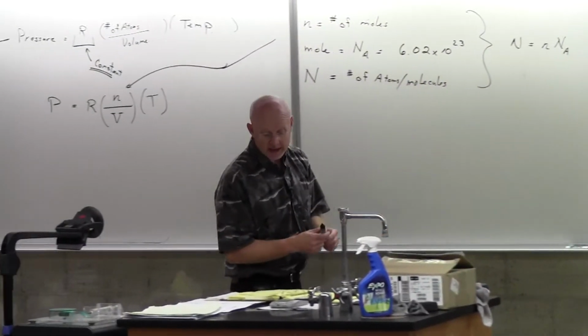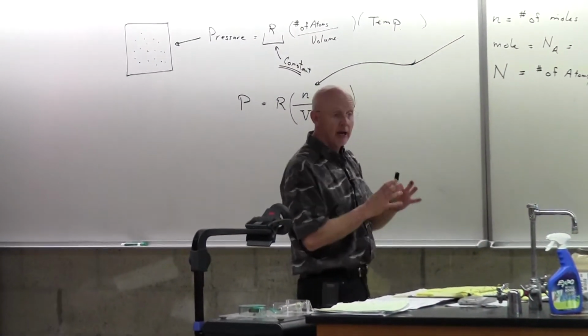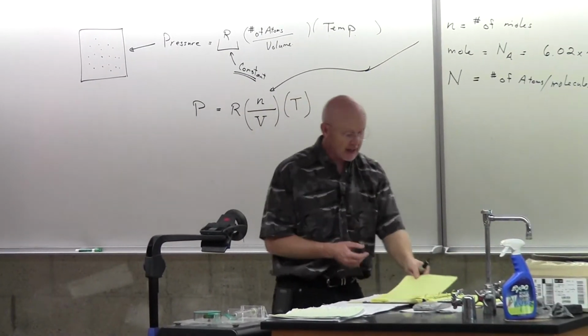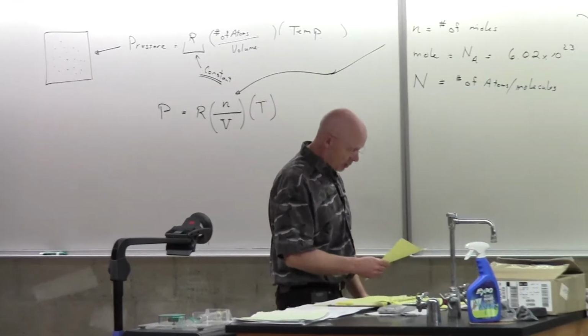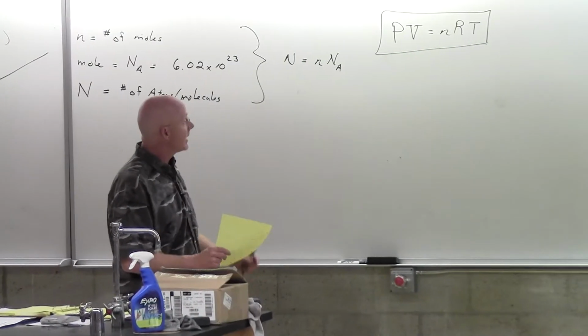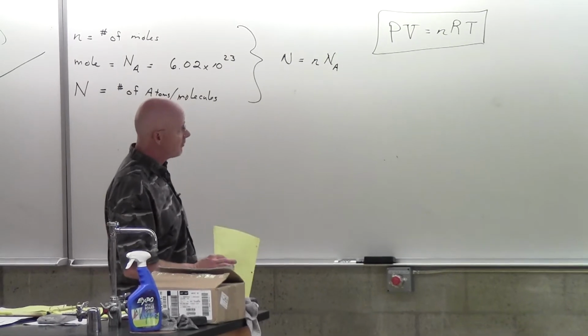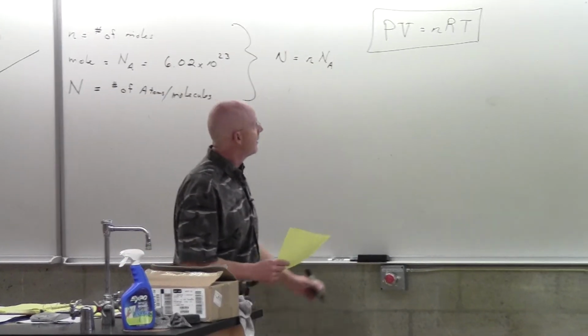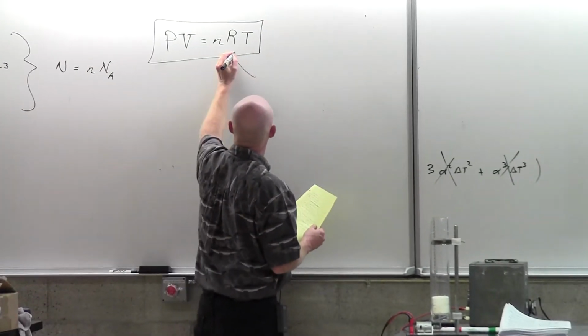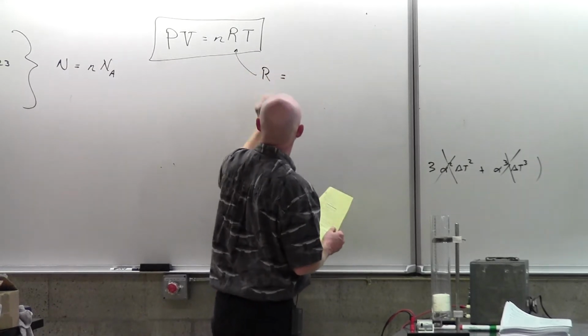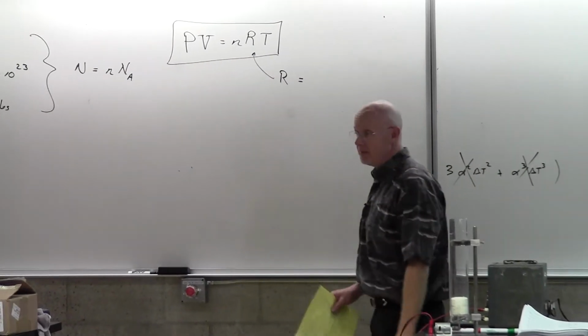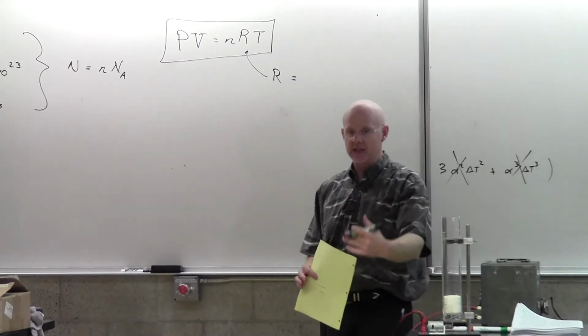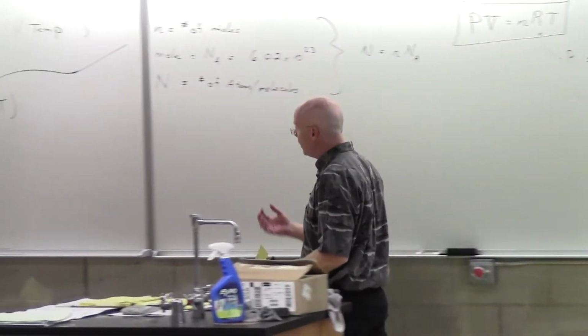And so that is what we call the ideal gas law. How are those four connected together? Which means then R must be the mathematical constant, right, that connects the units.